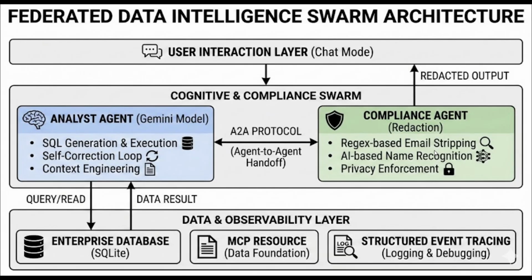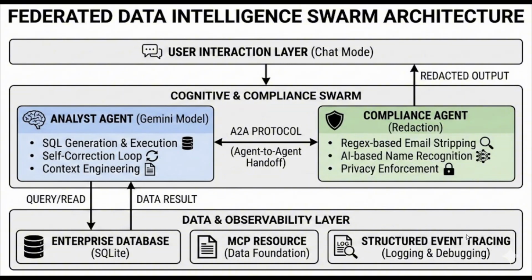If it catches something like that, it will not let the user see that kind of information. But for other things, let's say you ask about email with the product the user bought, you'll get the information about the product but not the email address, and it will provide you the output again in the user interaction layer.